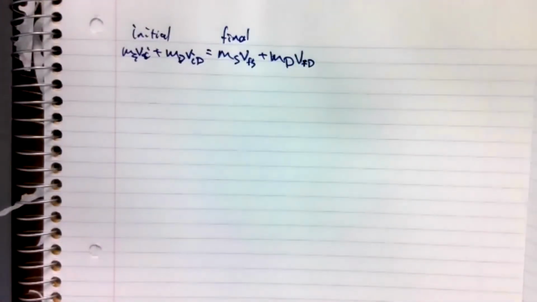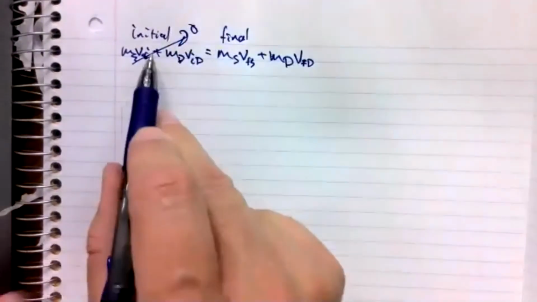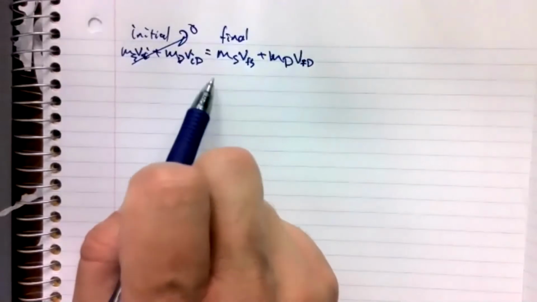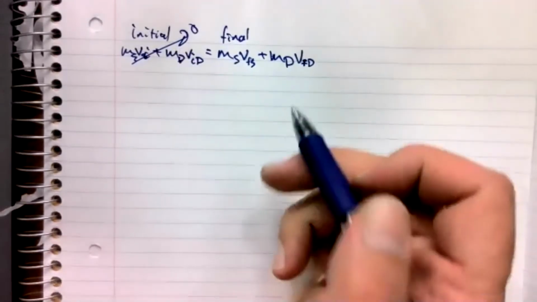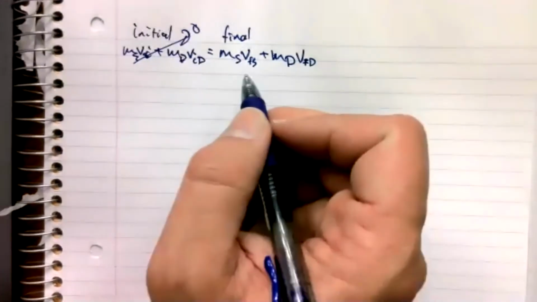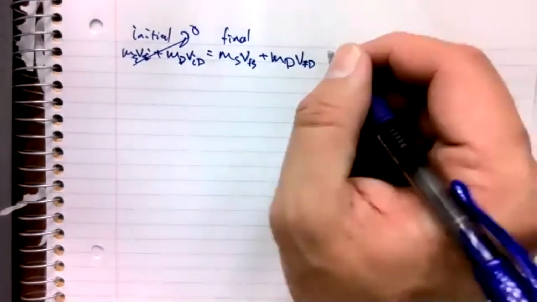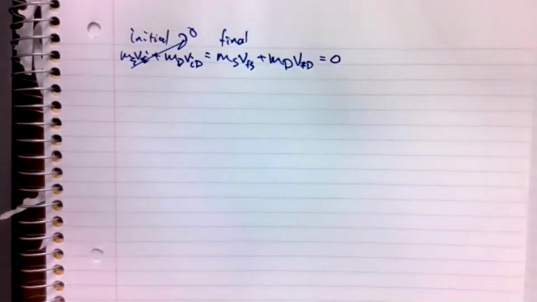Okay. And our initial momentum is equal to 0. So this all equals 0. And I probably didn't pick the best labels, but I can keep track of it in my own head. Okay, so Sandra's mass was 45 kilograms, right? And so we just add it together. So we'll put this in here. And now this all equals 0.